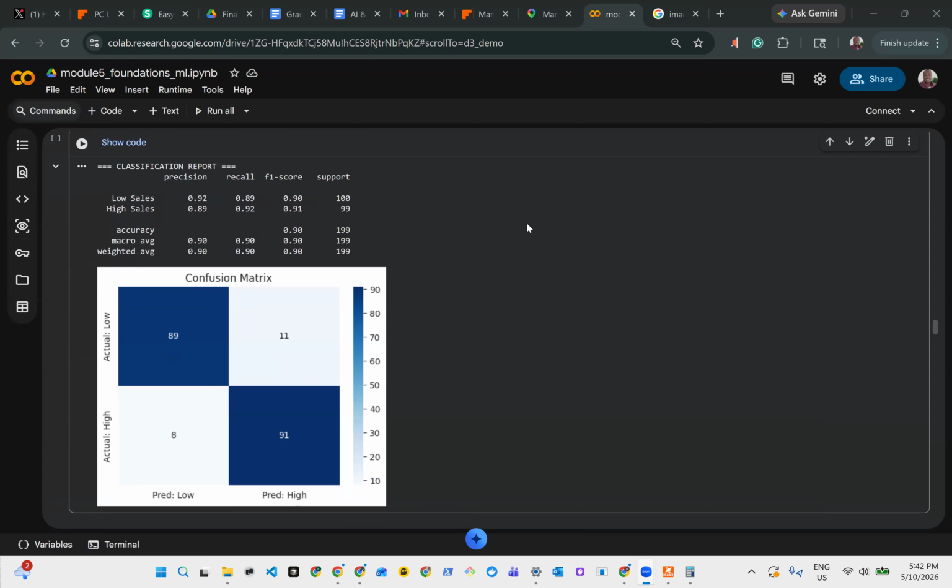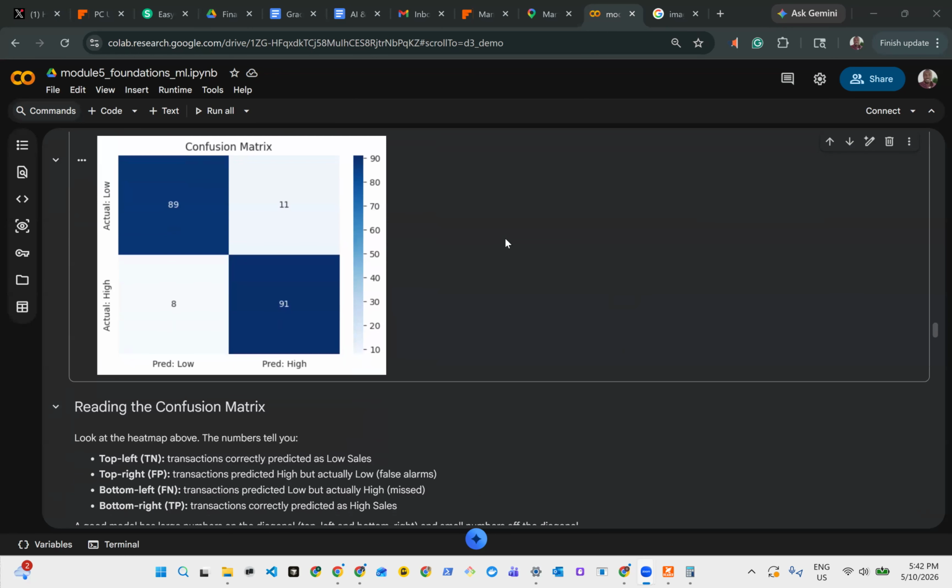Support is just telling us how many data samples of low sales value we have in the test data set that we used to generate this table. Anytime you are running these metrics, you typically run them on a test or evaluation data set just to understand how well your model is performing.